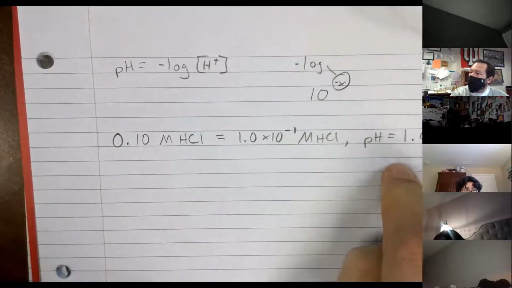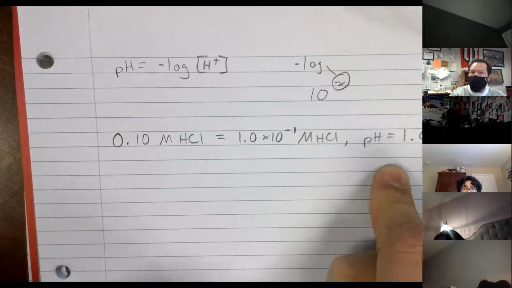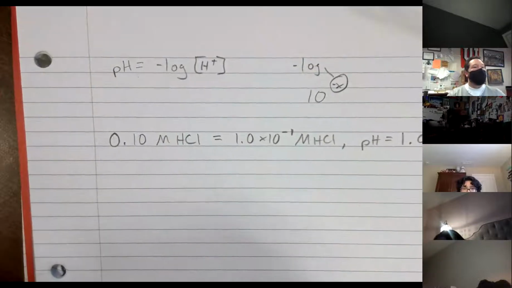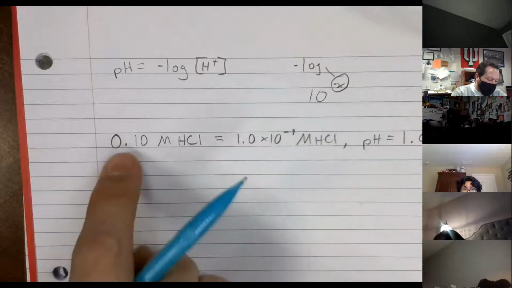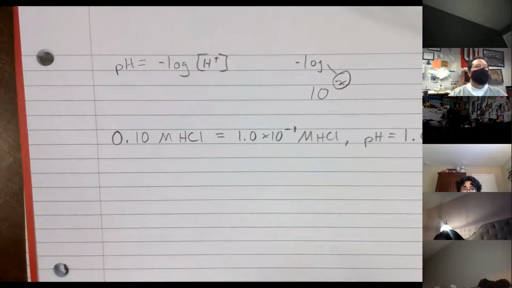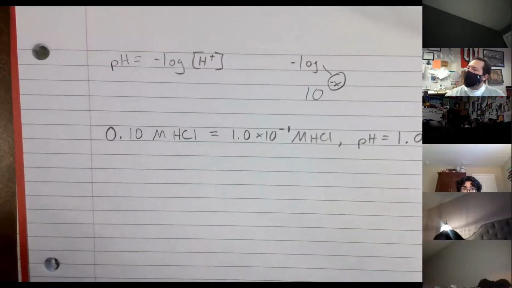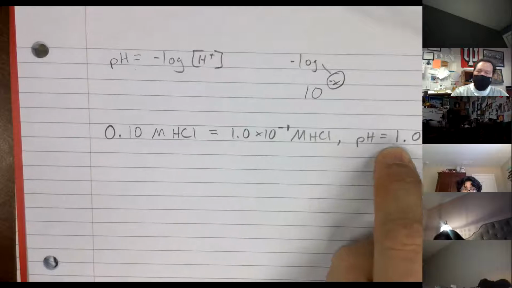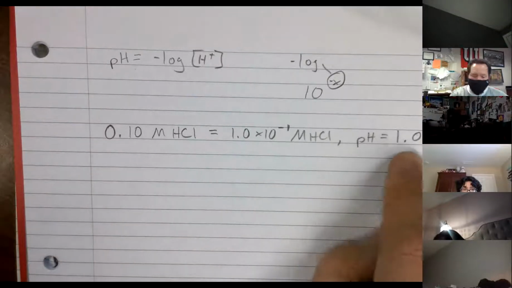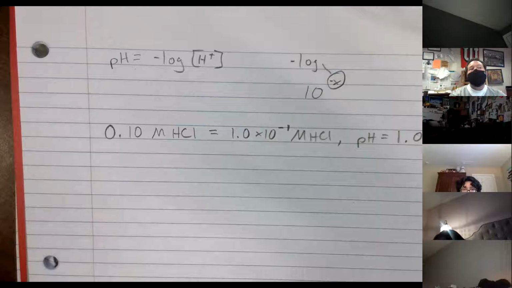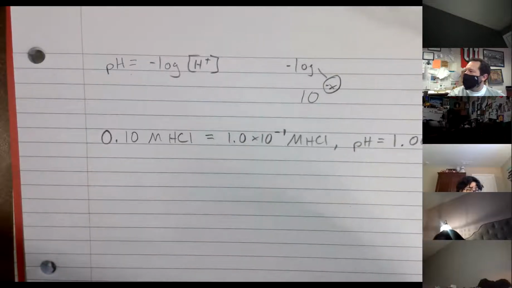But the number in front of the decimal on a pH is not significant. That number is only telling us how far behind the decimal we are. It's not actually a measured or a counted number. So whatever is before the decimal point on your pH does not count as a significant digit.